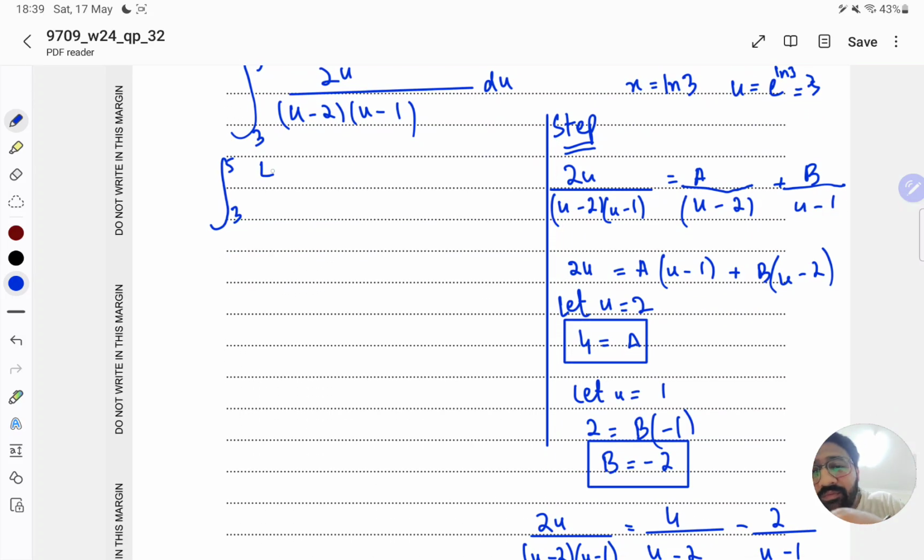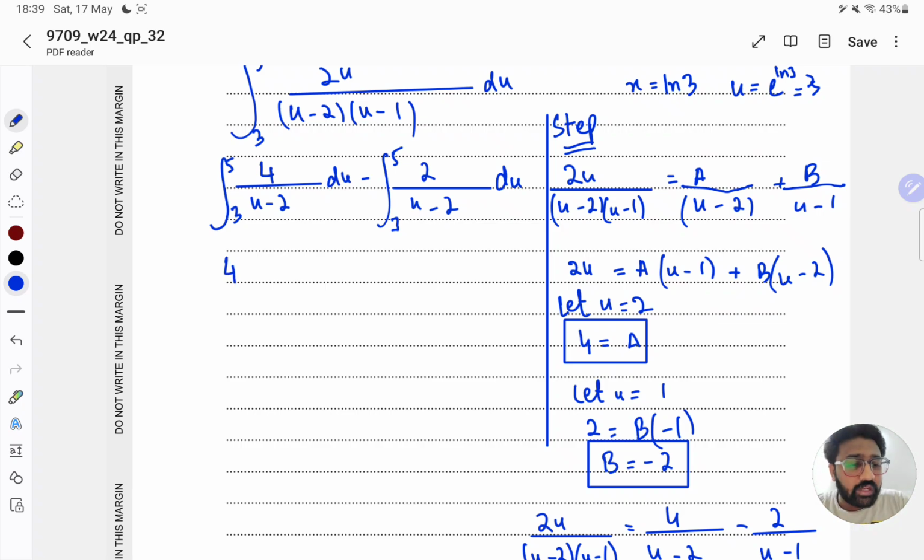So the first is the integral of 4 divided by u minus 2 du minus the integral from 3 to 5 of 2 divided by u minus 1 du. Now I have to do the integration. The 4 is a constant, I'll take it outside.